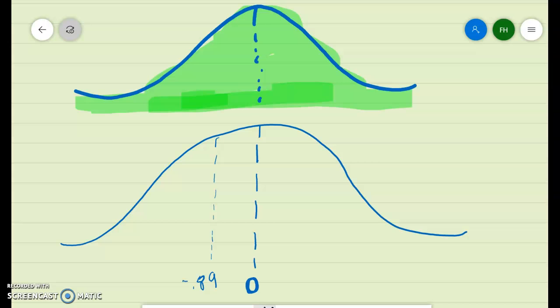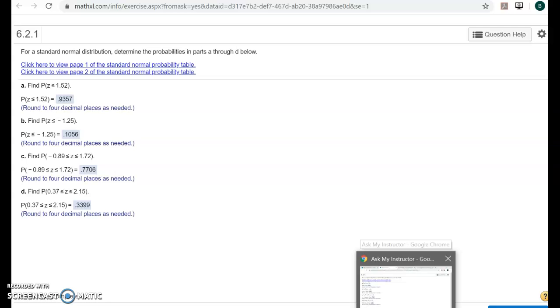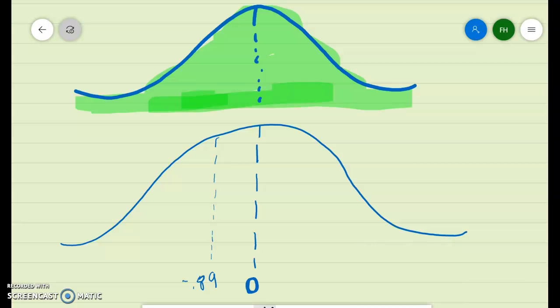And then over here we have 1.72, which is a little bit more than a standard deviation away.